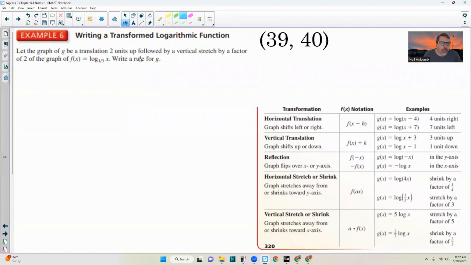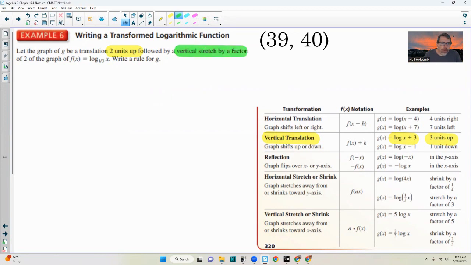Okay, so I'm going to get my highlighter here. Write a transformed logarithmic function. Let the graph of g be a translation 2 units up. That is a vertical translation up 2. The function has a constant at the end. We need to be careful here because when you take a multiple of the outside, it's got to be distributed.